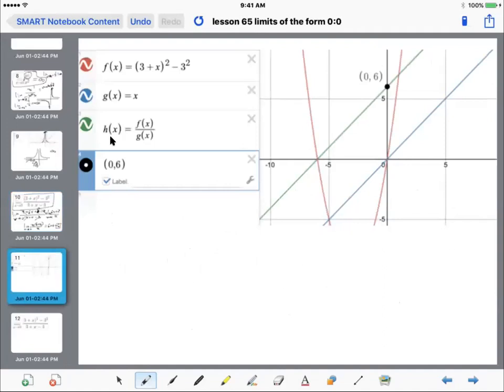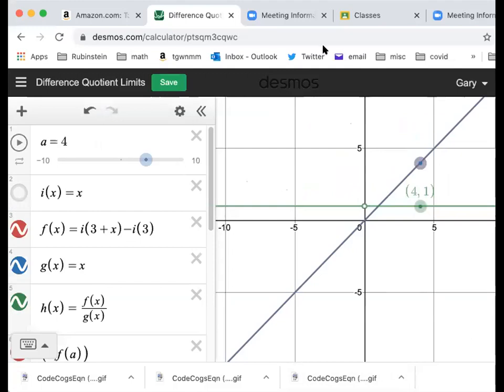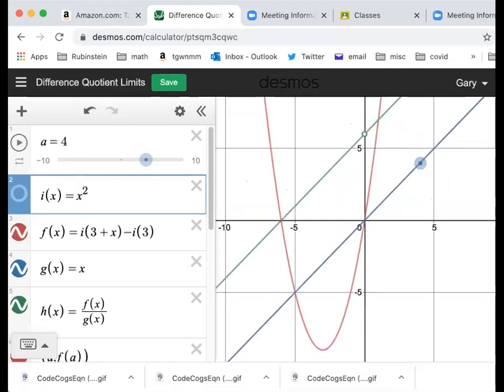Oh, now look at this graph. If I change this to x squared, good.